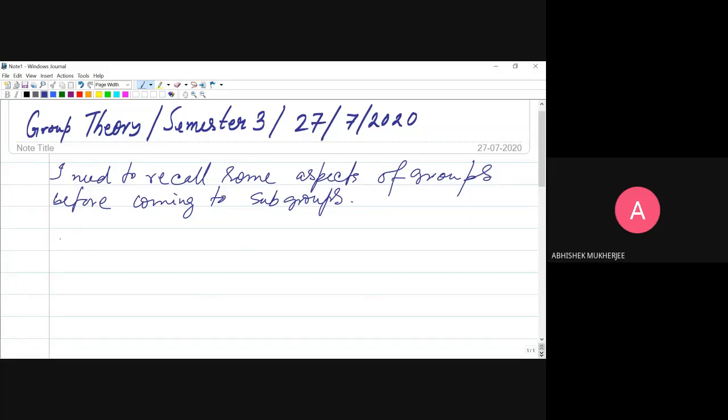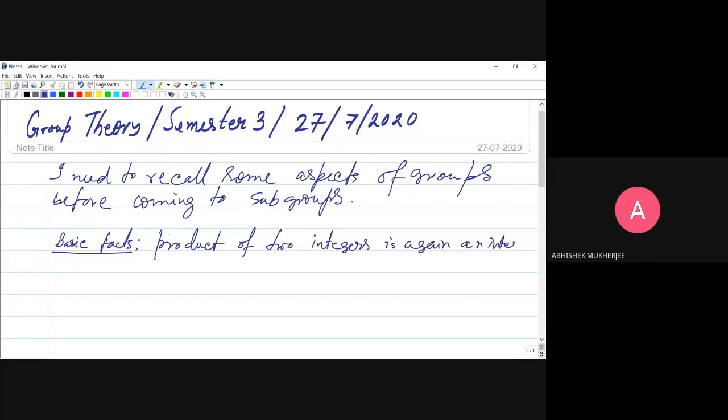These are basic facts. At your early stage, you didn't ask anyone how the product of two integers is going to be another integer, but it comes to our mind naturally.